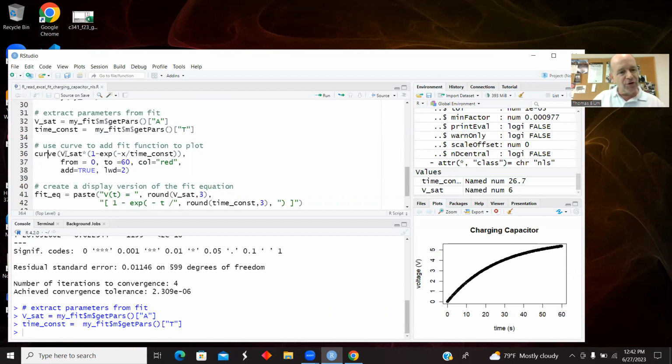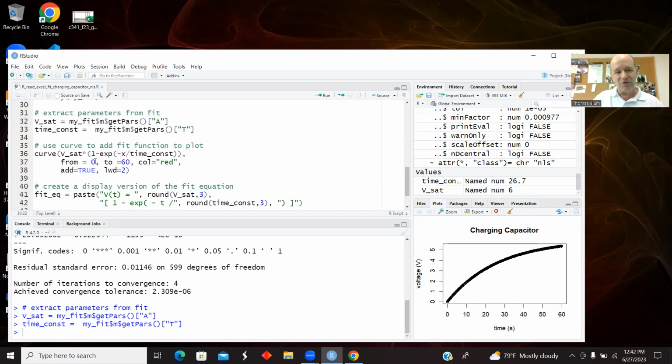So I'm making a curve of vstat times 1 minus the exponential of minus. Curve seems to like the variable to be called x, so I called it x. So vstat times parentheses 1 minus exponential, open parentheses for the exponential, minus x divided by the time constant, close the exponential, close the 1 minus the exponential.